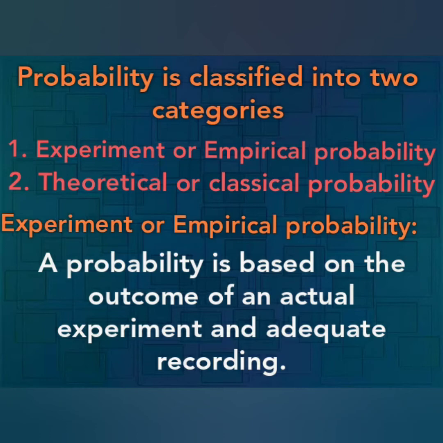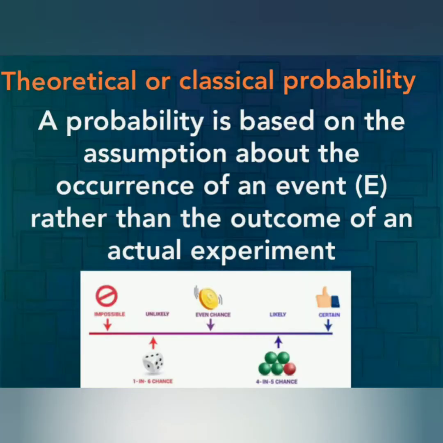And next one is theoretical or classical probability: a probability based on the assumption about the occurrence of an event E rather than the outcome of an actual experiment.